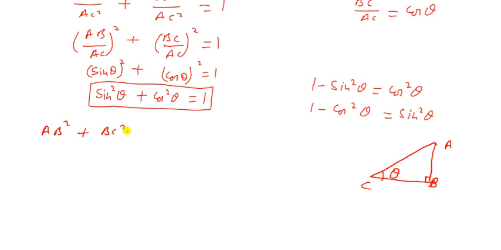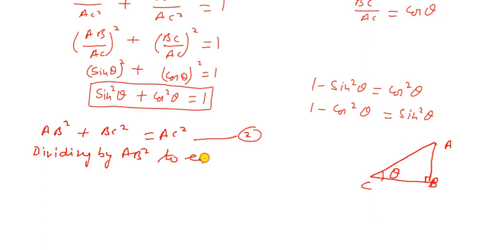AB squared plus BC squared is equal to AC squared. Now dividing by AB squared to equation second, what will happen?